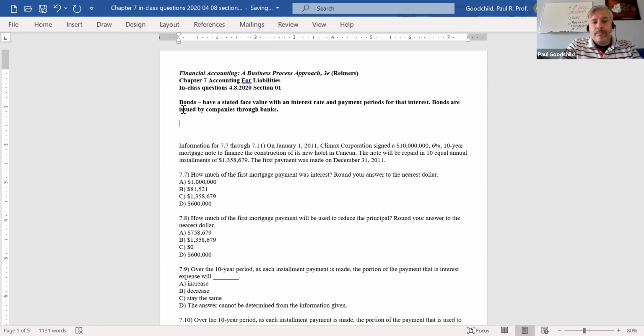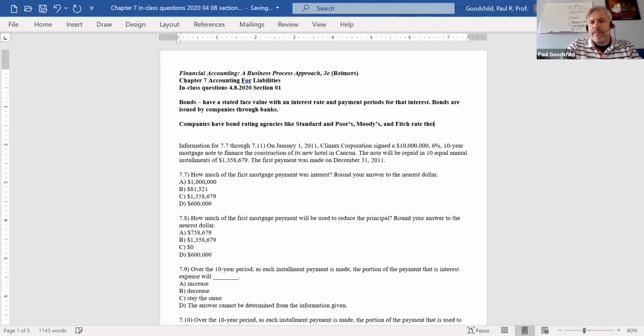And companies have bond rating agencies like Standard & Poor's, Moody's. I think Fitch is the third one.